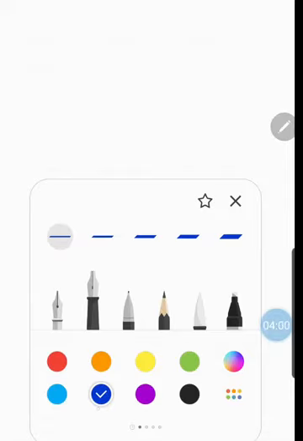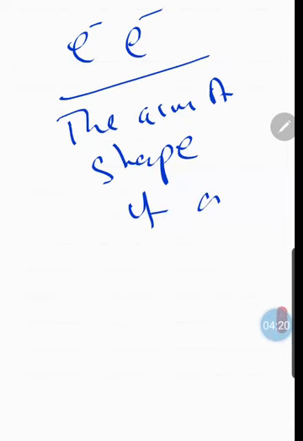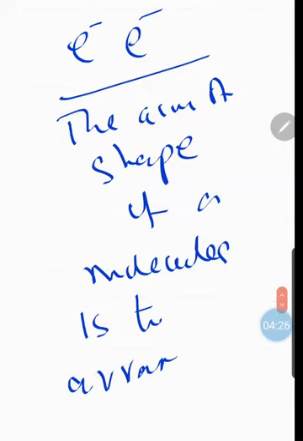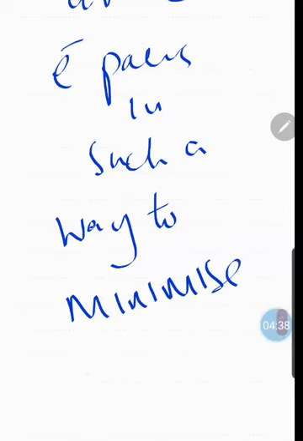So shape, therefore, is determined by the following. Pairs of electrons, or electron pairs, repel. Because you've got 2 negative charges, they will repel. So the aim of the shape of a molecule is to arrange electron pairs in such a way as to minimize repulsion.